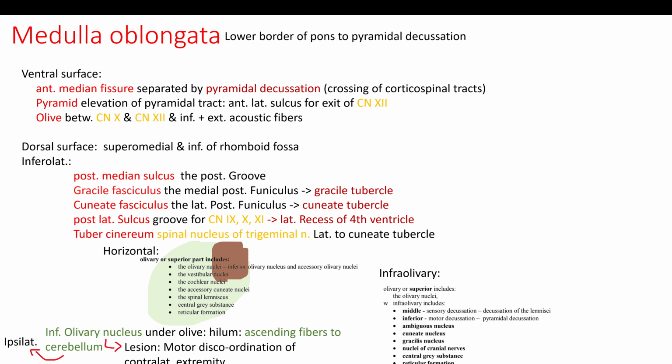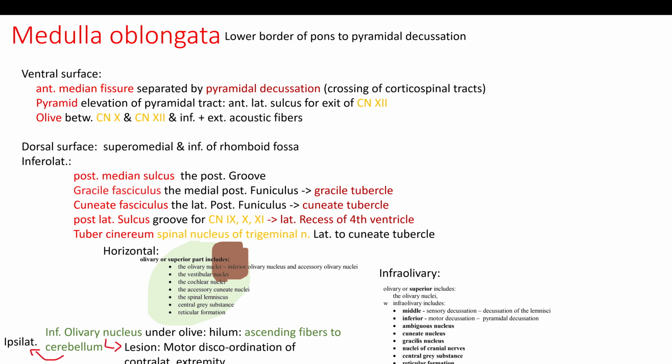Then there's the cuneate fasciculus, the lateral part of the posterior funiculus, upper half of the body, termination being the cuneate tubercle. The posterior lateral sulcus has outlets for CN IX, CN X, and the cranial part of CN XI, reaching to the lateral recess of the fourth ventricle. The tuberculum cinereum, with the spinal nucleus of the trigeminal nerve, is located laterally to the cuneate tubercle.